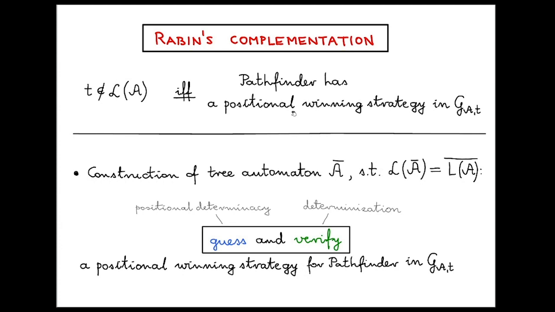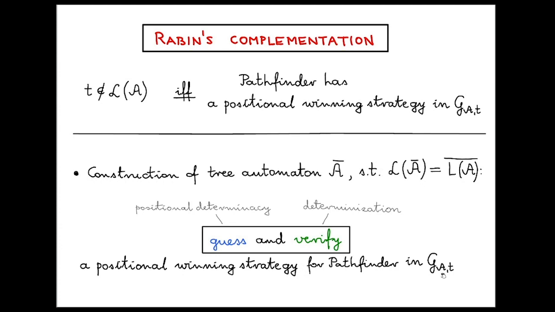And one way to provide a modern proof of this difficult result by Rabin is to construct an automaton, let's call it A bar, in such a way that it is going to guess, that's where we use non-determinism, and then verify in parallel, simultaneously, a whole positional winning strategy for Pathfinder in the acceptance game. Right?